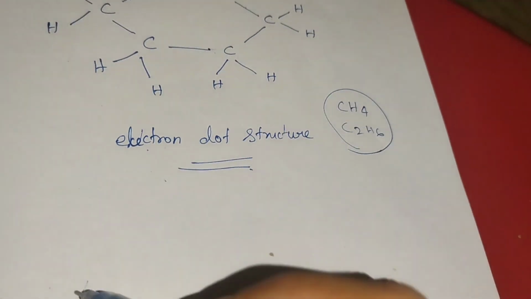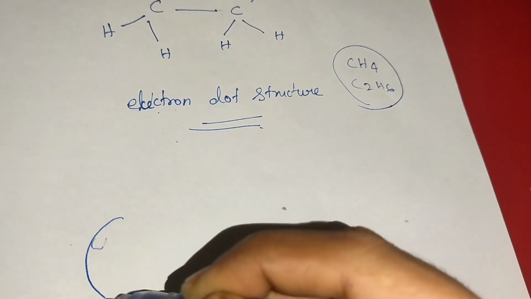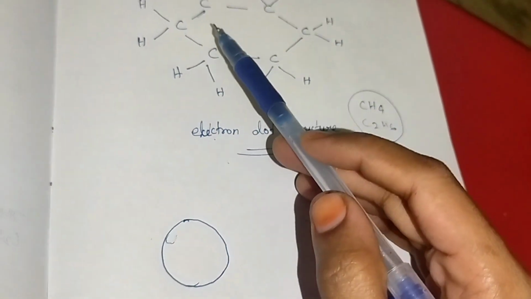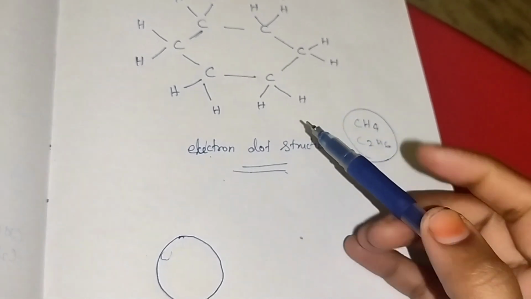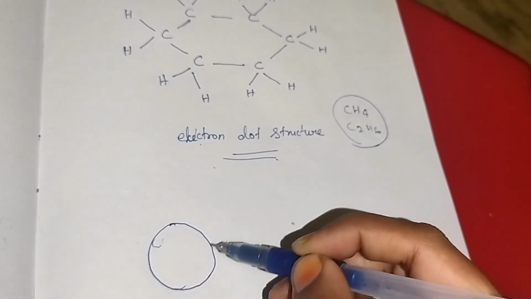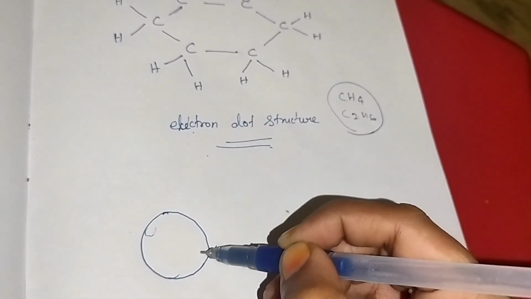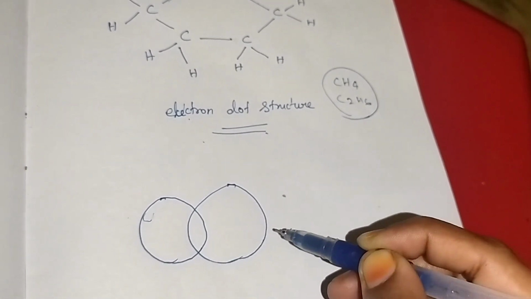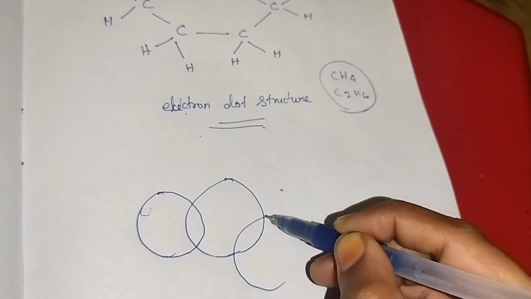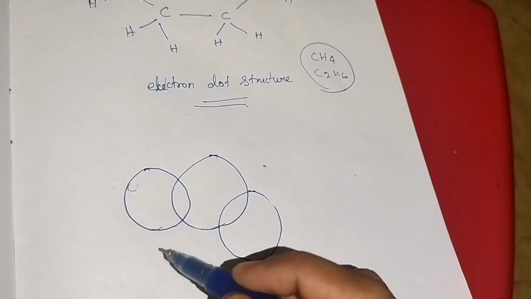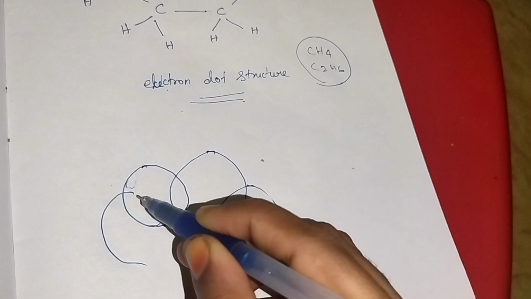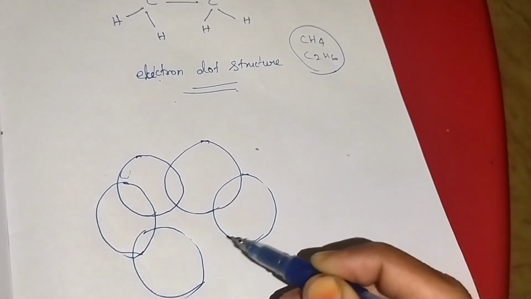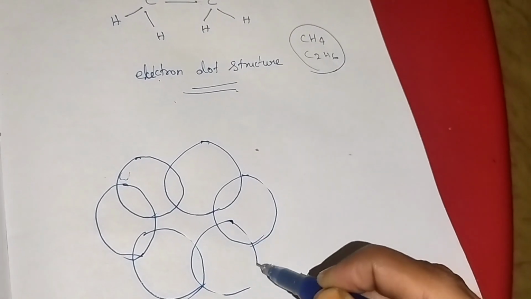Now for the electron sharing, the carbon will be written like this, in this shape. We are going to draw one carbon, here another carbon, third carbon, fourth carbon, fifth carbon and sixth carbon.